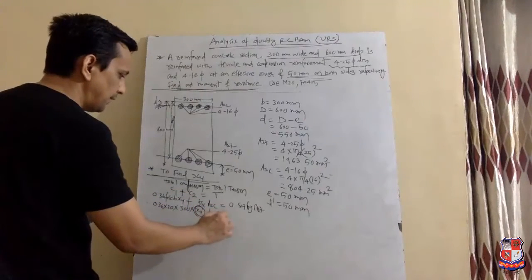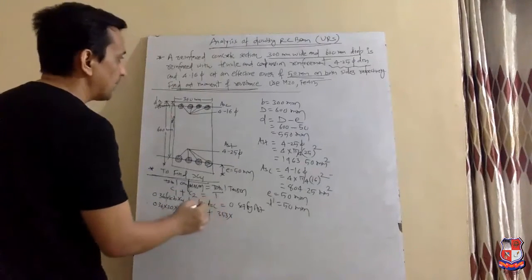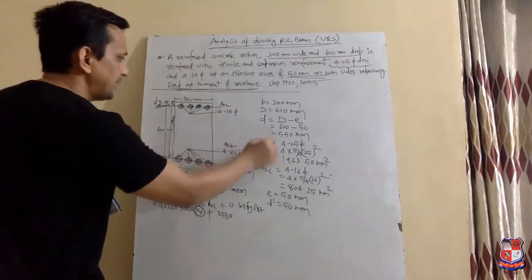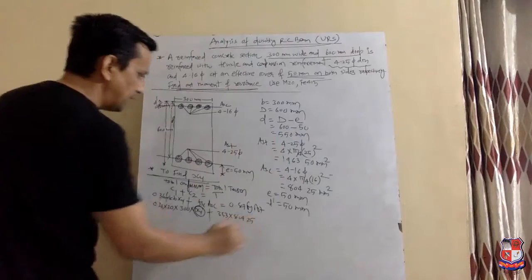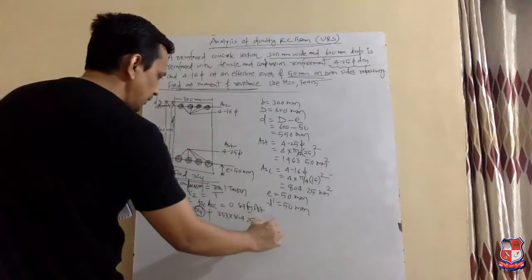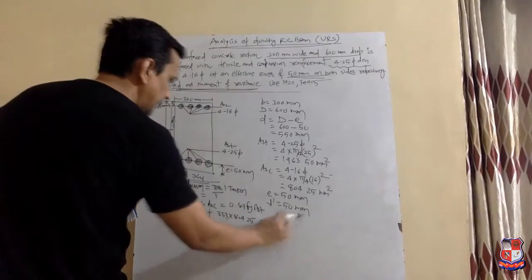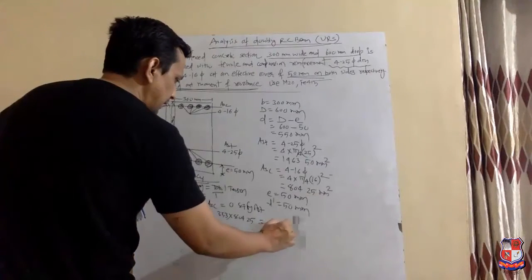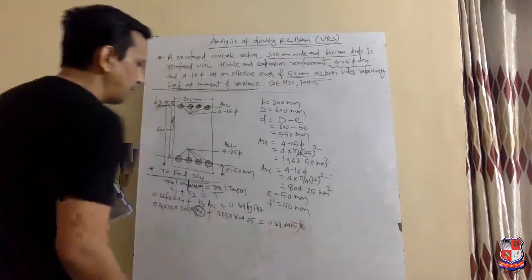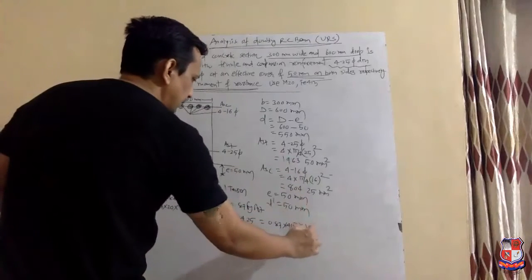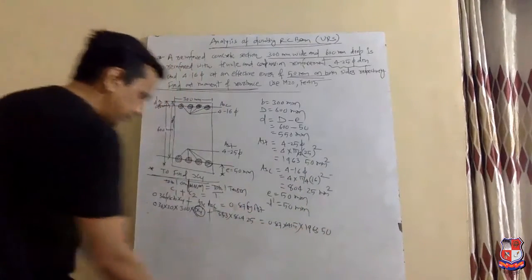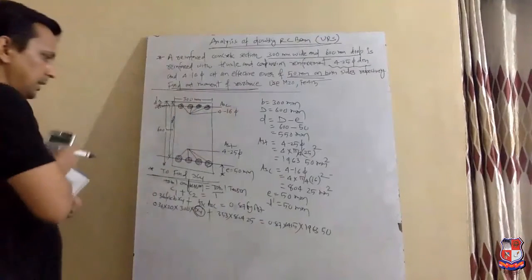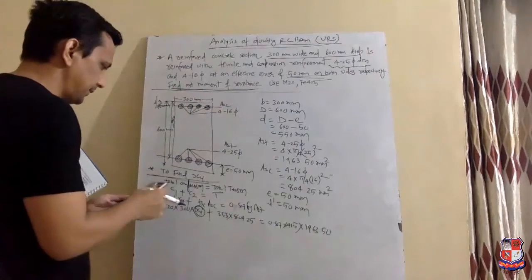We have already found out 353. ASC is given 804.25 is equal to 0.87 FY, FY is given 415 and AST is given 1963.50.